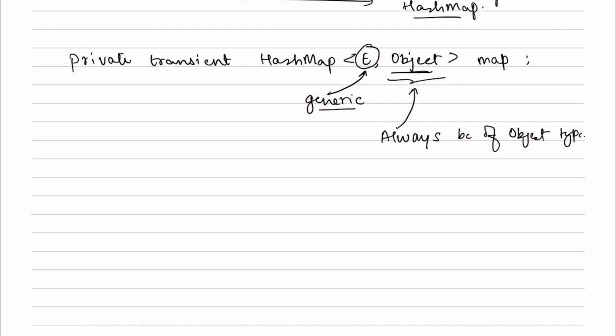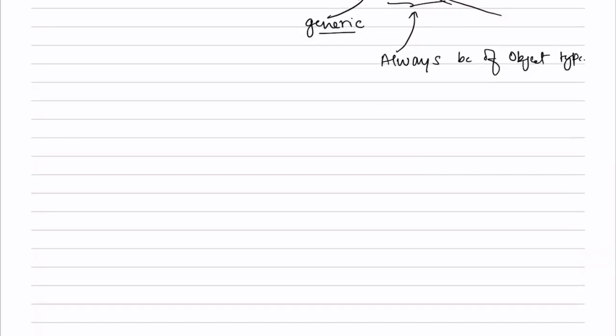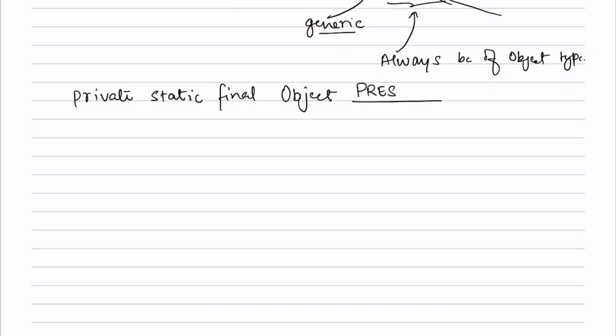So what is exactly the value here? It is of object type. There is another code statement: private static final Object, with the reference name PRESENT, equal to new Object.